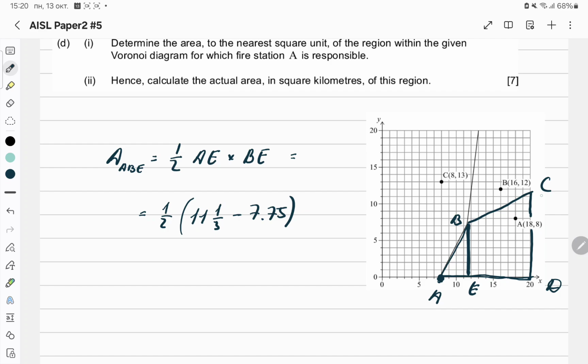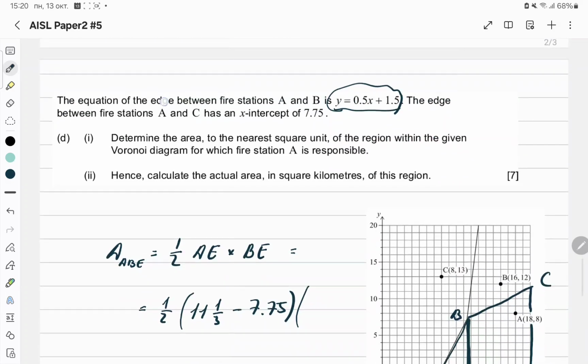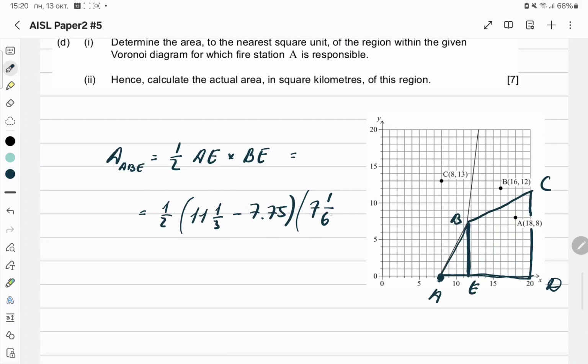we have actually, BE, in this case BE will be what? 7 1/6, and by using calculator we'll obtain the value. And then this value will add with trapezium ABCD. Trapezium, we know that the area of trapezium is the average of the bases.